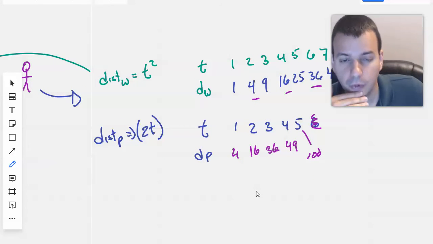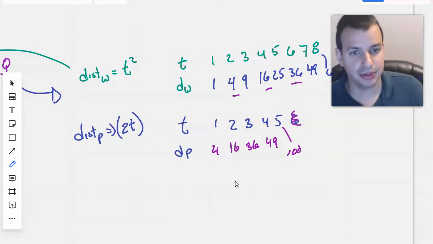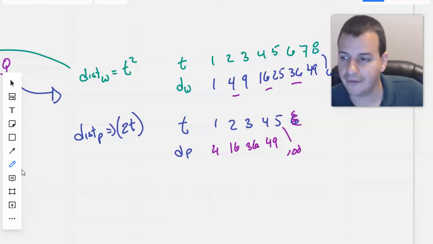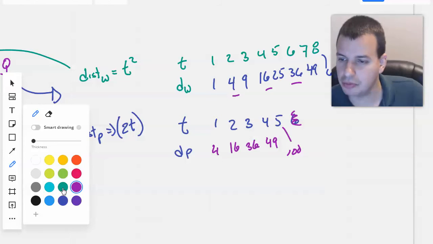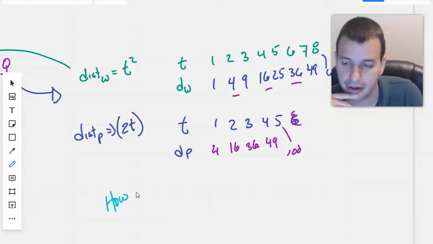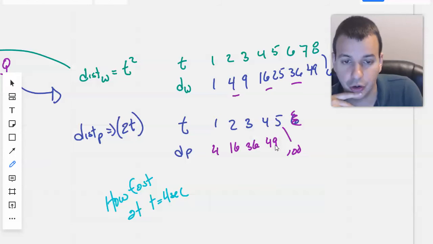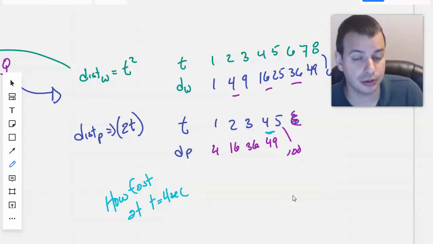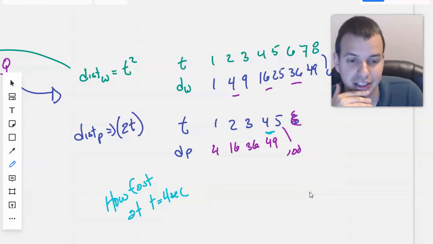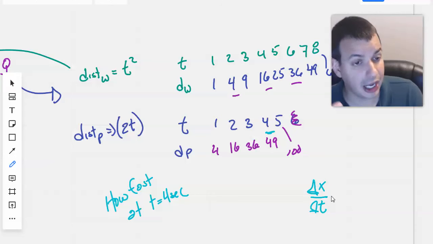And so the idea here then is these will be the distances we are. So the question would then be, how fast is the person moving at t equals 4 seconds? So right here. Well, the way you find speed is change in distance over time.